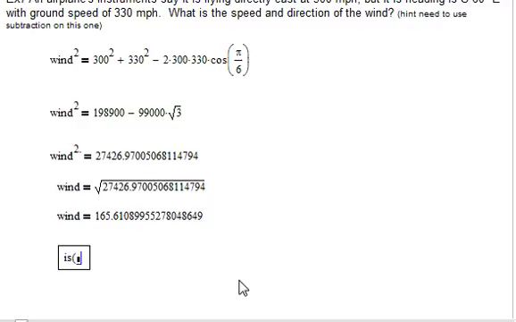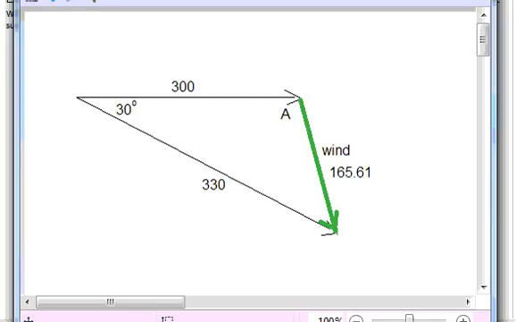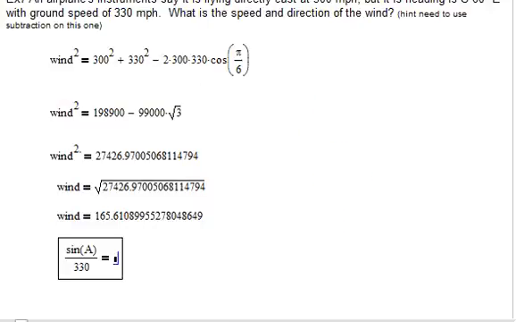Sine of A is to 330 as sine of 30 is to the wind speed.